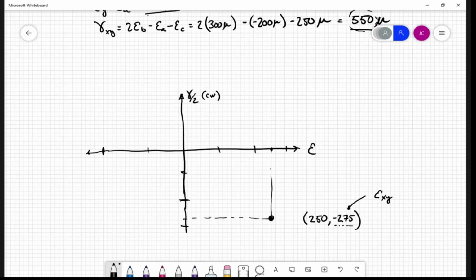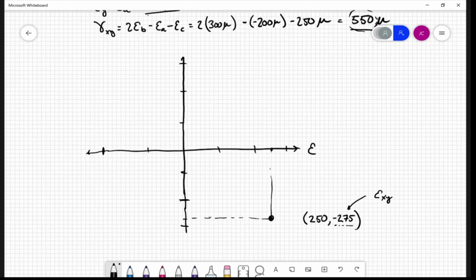And it's the same shear strain, but it's now rotating it in a clockwise manner. So we're going to go up positive 275. So I should probably do 100, 200. Is that about it? It's about 100, 200, 300, right?